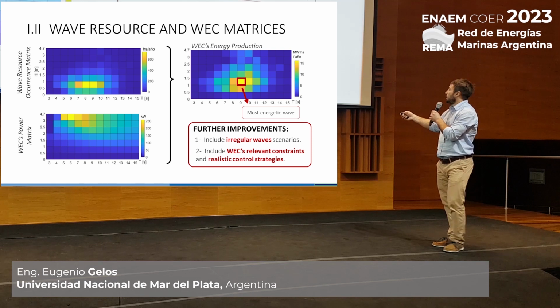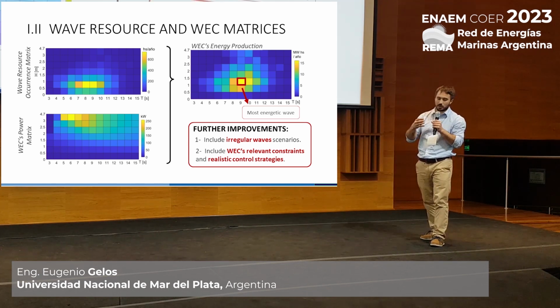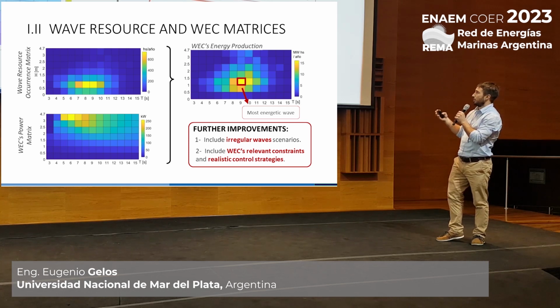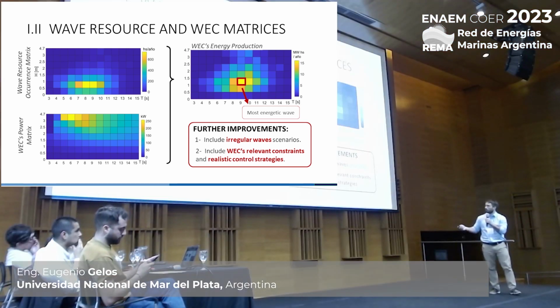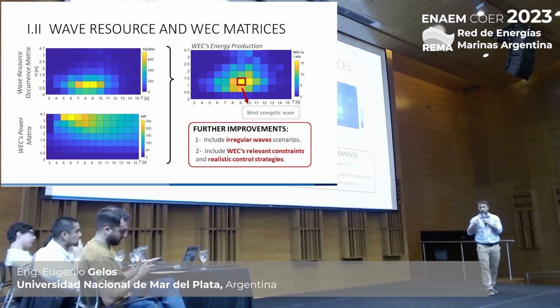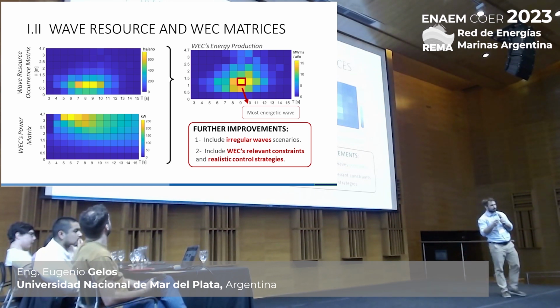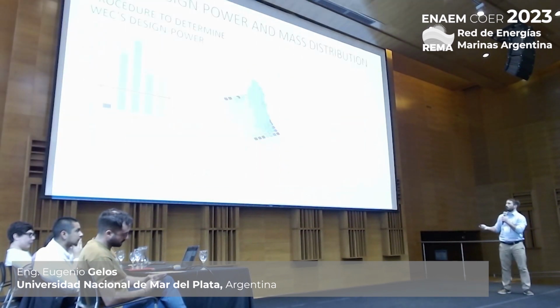Some of the limitations of our current approach are that we only have regular wave data available, so we need to include irregular wave scenarios and also WEC's relevant constraints and realistic control strategies. And I want to emphasize that these two factors are key in order to obtain meaningful dimensioning results.